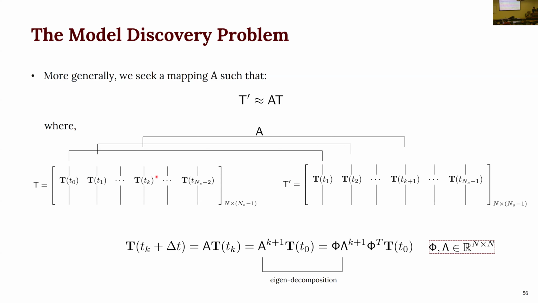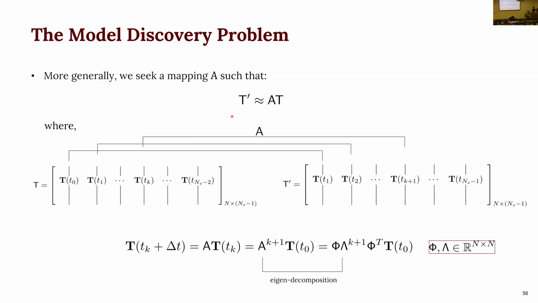So T prime is shifted one delta T in the future. So in T we start with the initial condition, and then we advance. So the first column is T1, then T2, and so on. Now we want to find out the mapping A that best maps T into T prime.